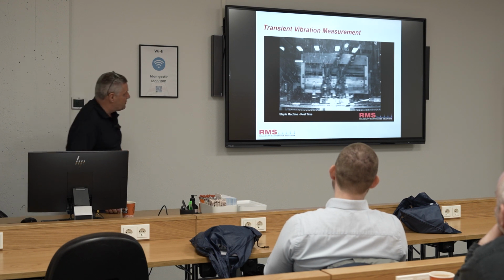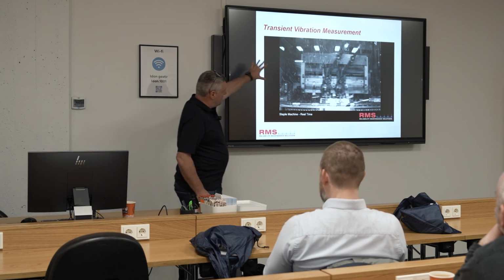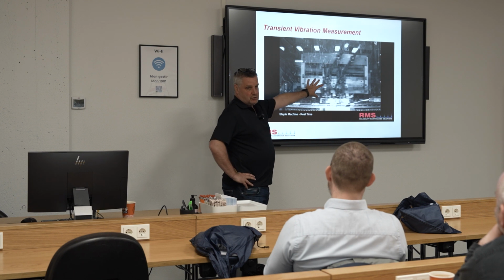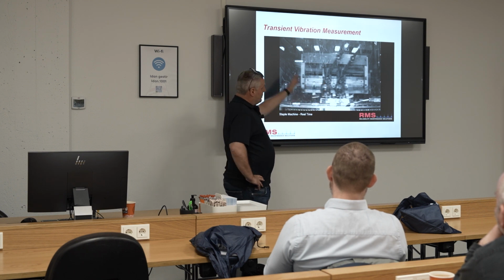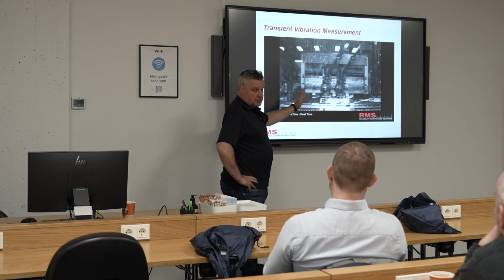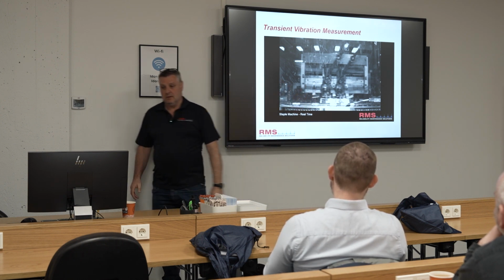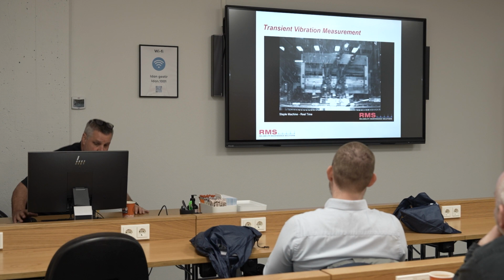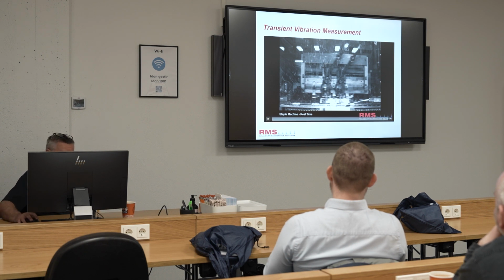This is another situation where we're going to explain transient vibration measurement now, how to slow something down with the camera. If we're looking at something that's of speed and we want to slow it down to take measurements and see what's going on, this is the same scenario that you can use the camera for, different aspects of what we want to look at.